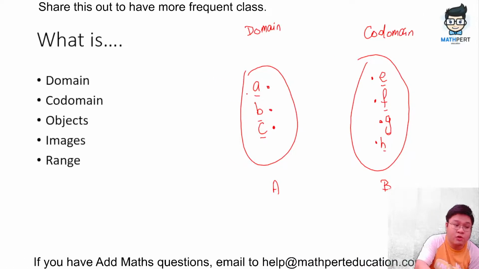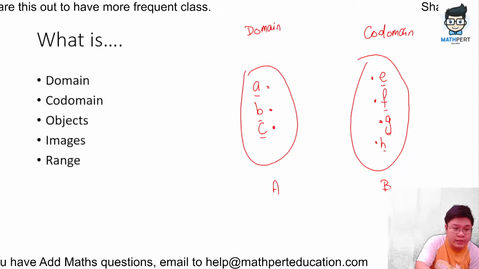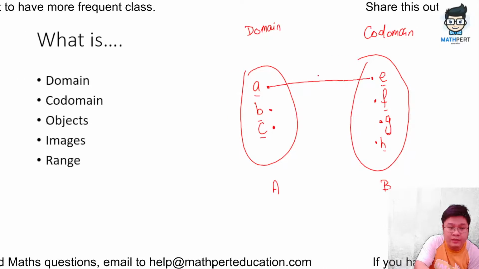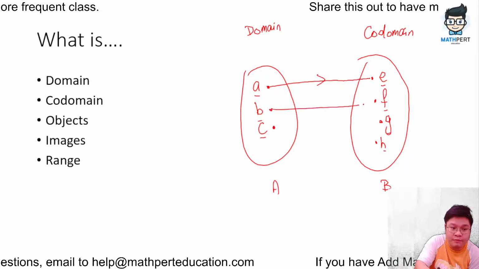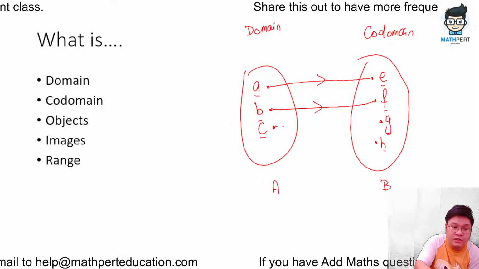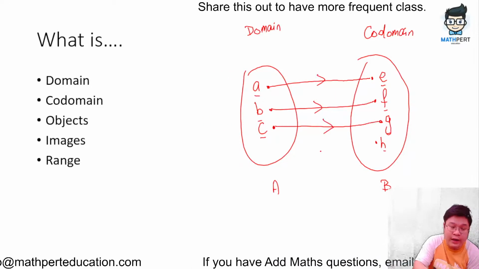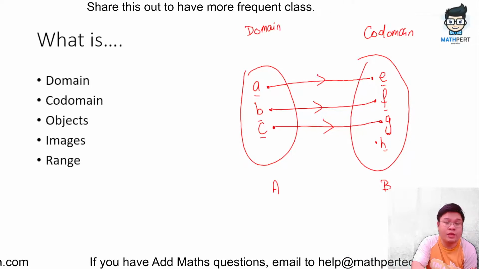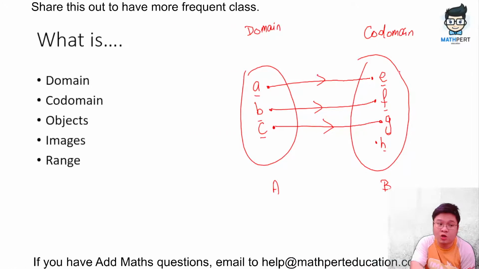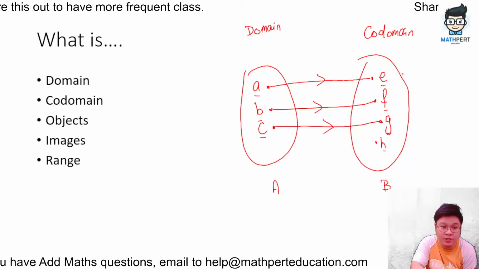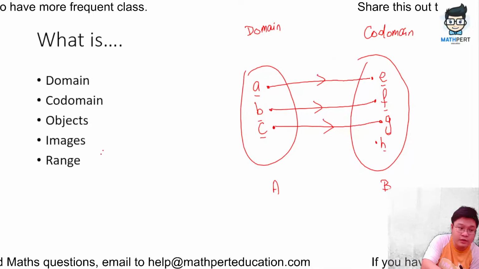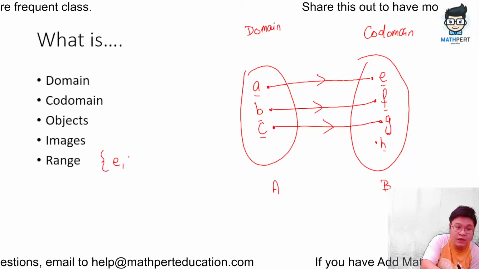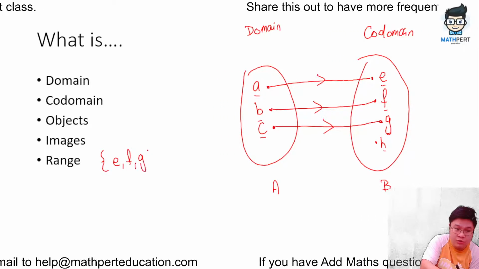So what about range? Take a look at this. Let's say A is mapped to E, B is mapped to F, C is mapped to G. E, F, G, H are all images in the codomain. But for the range, it is only E, F, G. Why E, F, G?